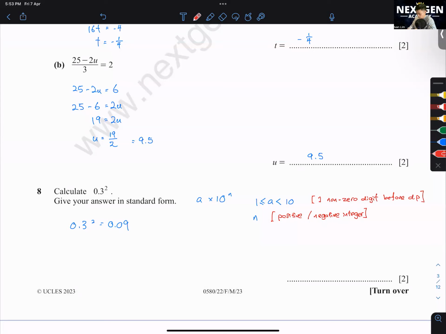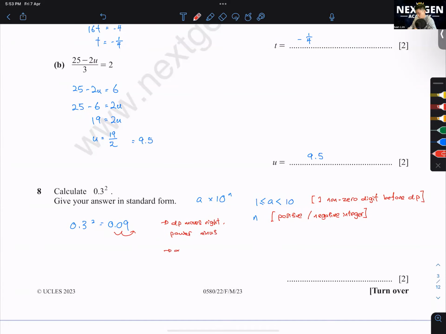And then what happened? If I move my decimal place to the right, you can write this down as well. DP move right, what will happen? Power minus.